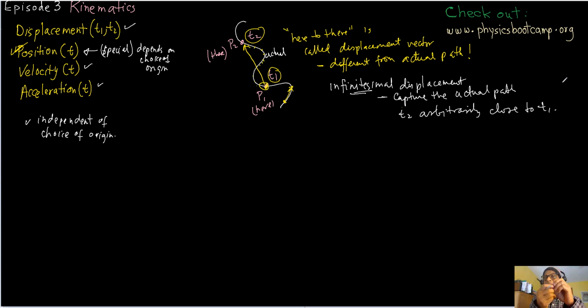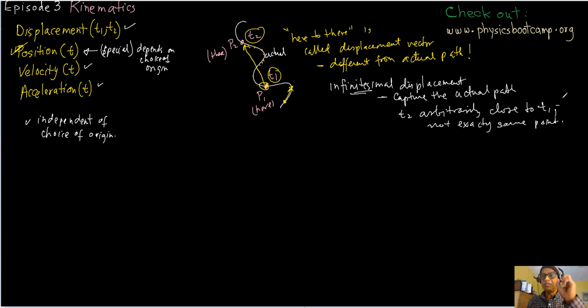So here and there are more or less almost the same point, but not exactly the same point. They're arbitrarily close but not exactly on top of each other.